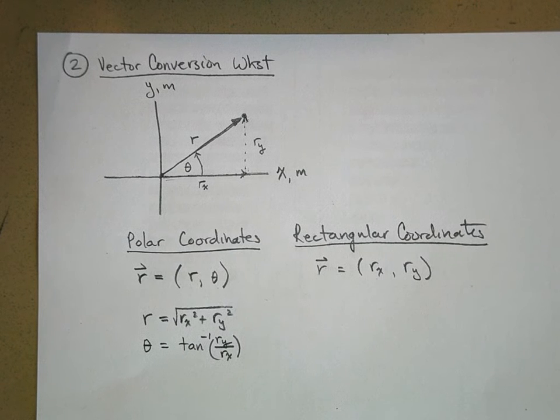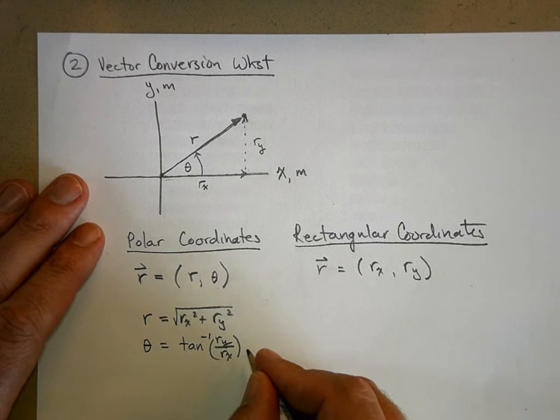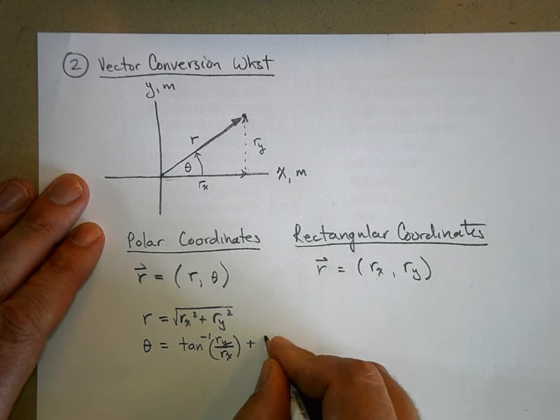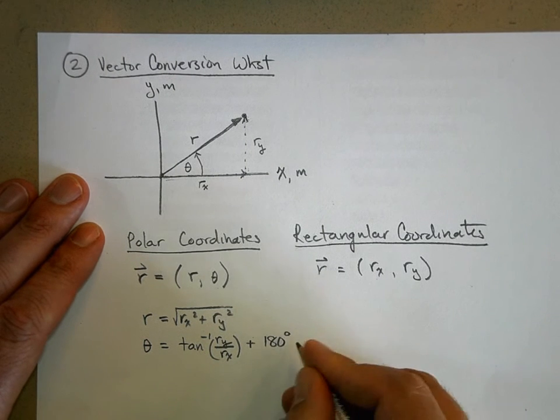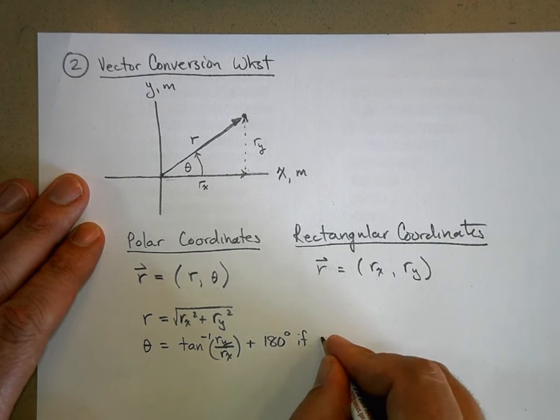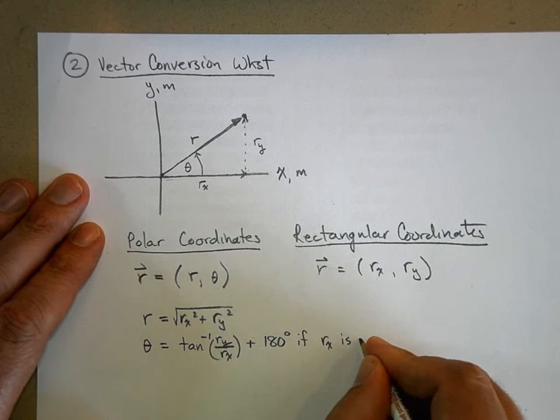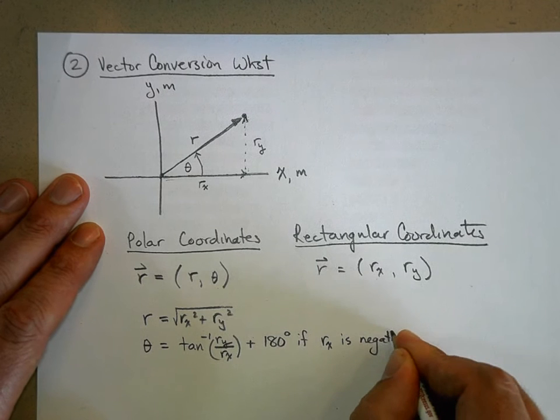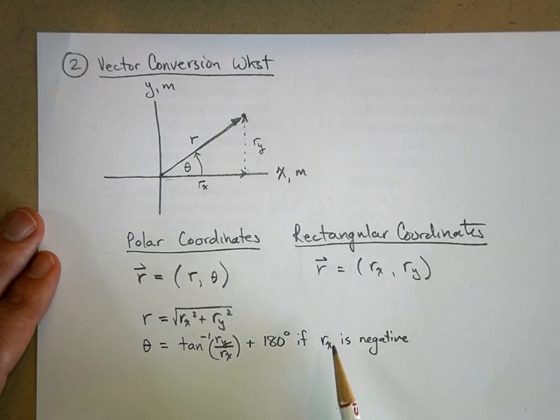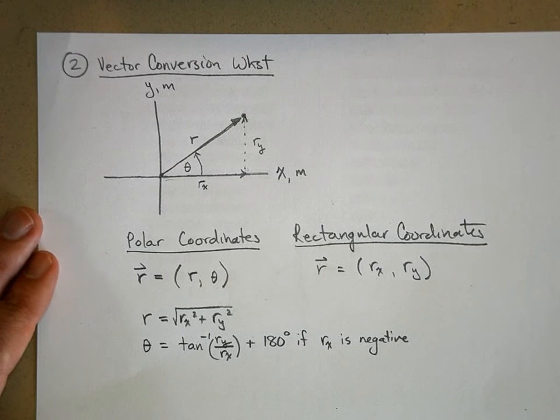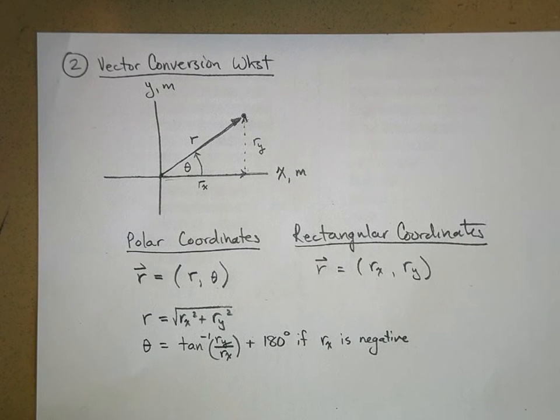Now, I'm going to add something to this, and I'm going to show you why in a minute: I'm going to add plus 180 degrees if Rx is negative. If it turns out that the x component of your vector is negative, when you use inverse tangent, you have to add 180 degrees to the answer your calculator gives you. And I'm going to show you why in a few minutes.